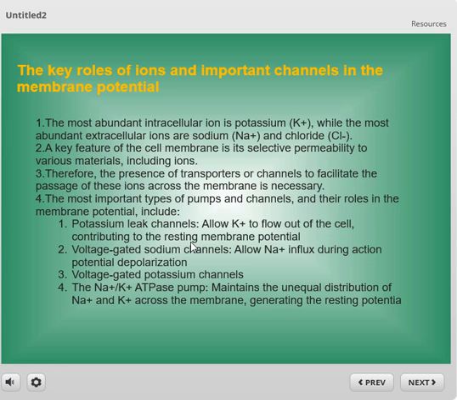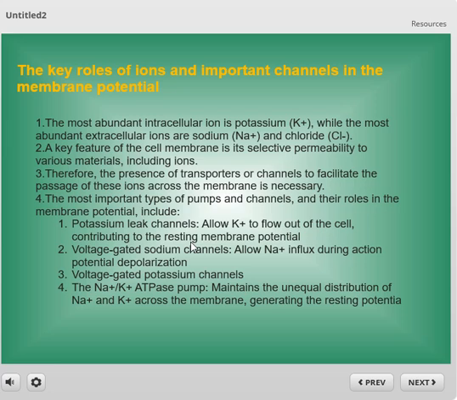And the calcium channel, the voltage-gated calcium channel, can trigger various cellular processes such as neurotransmitter release or muscle contraction.